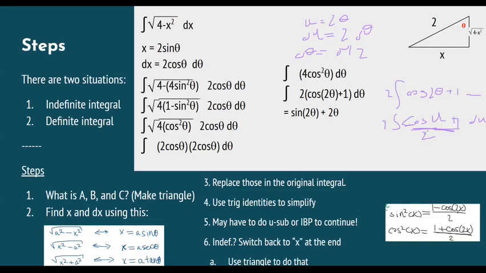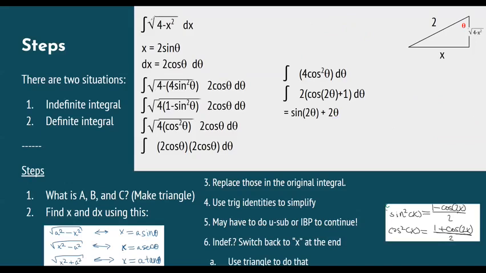These 2's cancel out. And then you replace the u with 2 theta. And this ends up 2 theta right here just because the integral of 1 is theta, and then this 2 multiplies to it. So that's how we got that. Let me delete that now.